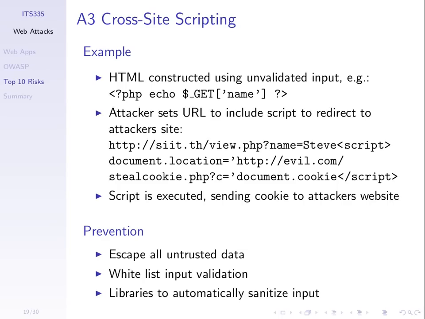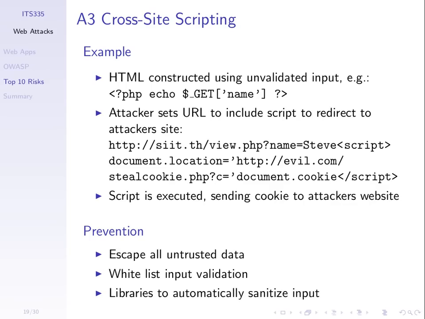So in this case, name, the string, it starts from Steve and ends all the way here. So escape untrusted data would be to, if this is a string, don't allow less than and greater than signs. Escape them. That is, effectively remove them from the string so that your browser would not execute this as a script. So remove all the untrusted characters in this case.